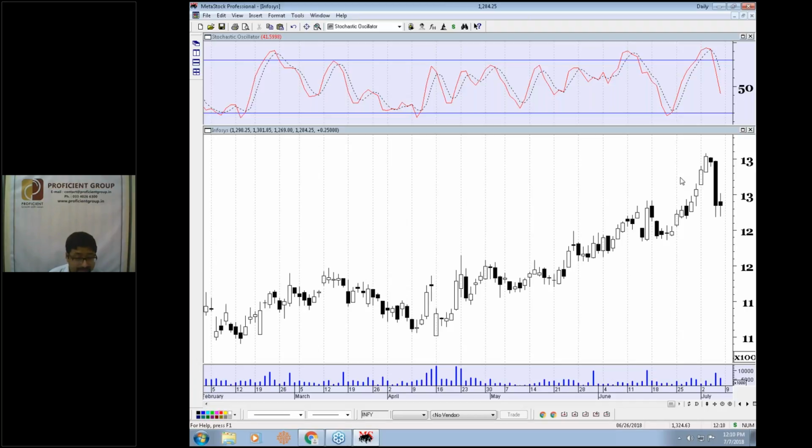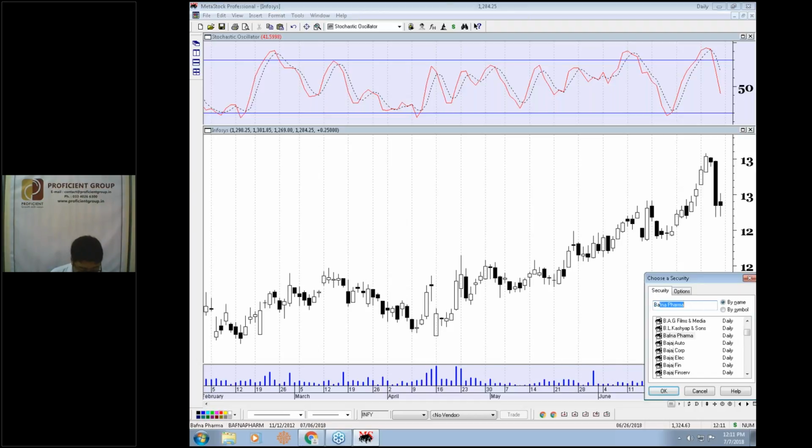Maybe we will get a better buying opportunity, but no doubt this is a strongly upward trending stock. Maybe not as good as TCS, but definitely a strong upward trending stock, and one should buy Infosys on any weakness like this. Let me show you the chart of Bajaj Finance.